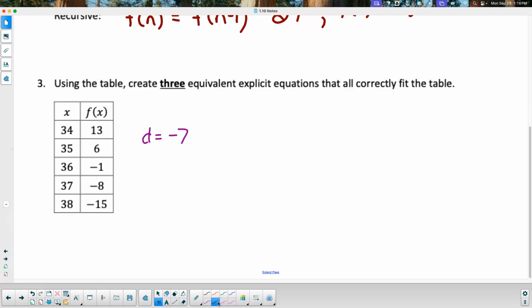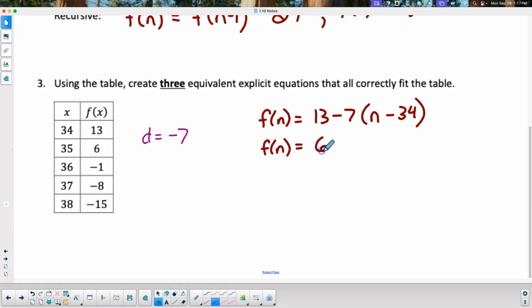So one of them that we could have gotten out of the top one would have been f of n equals 13 minus 7 times n minus 34. Off the second line, f of n equals 6 minus 7 times n minus 35.